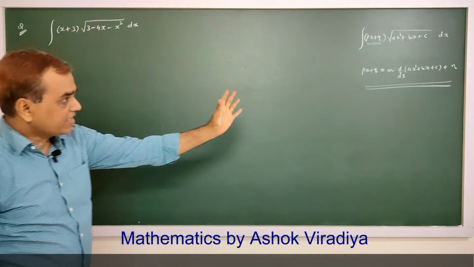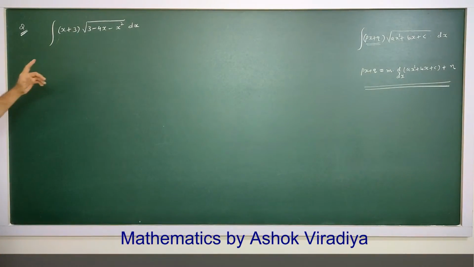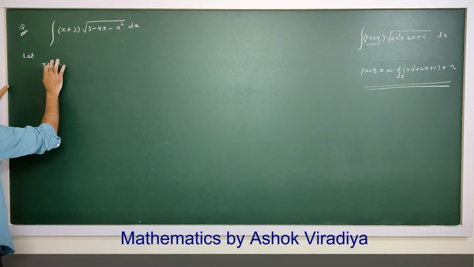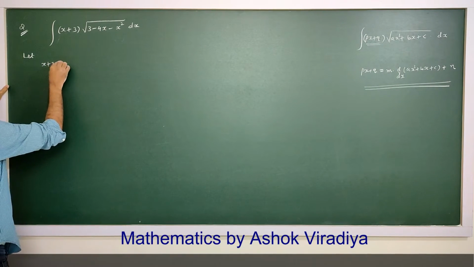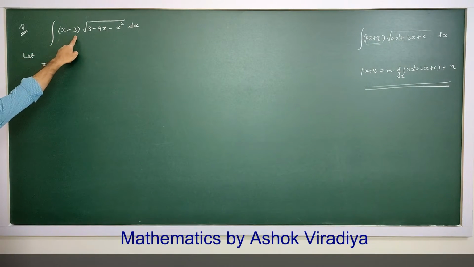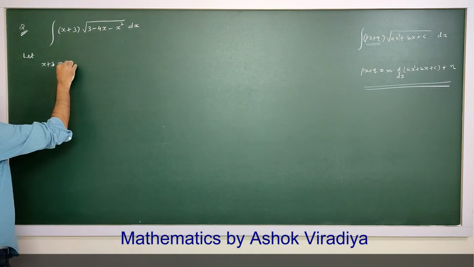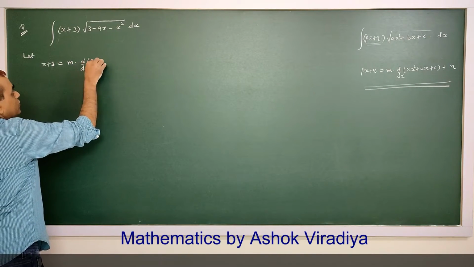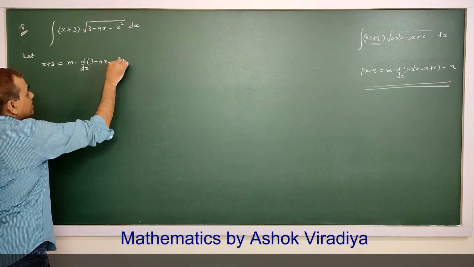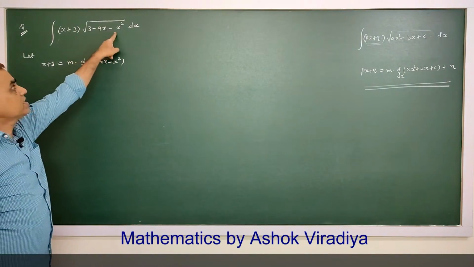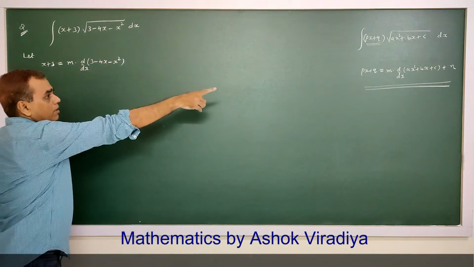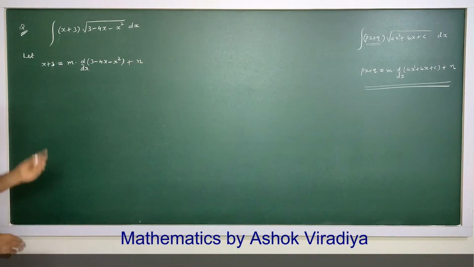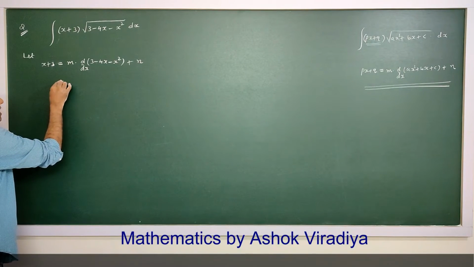See what is the starting. See here we take x plus 3 as the linear part. It can be expressed as m into d by dx of 3 minus 4x minus x square, this is the quadratic part, plus n. Now from this calculation m and n can be found.